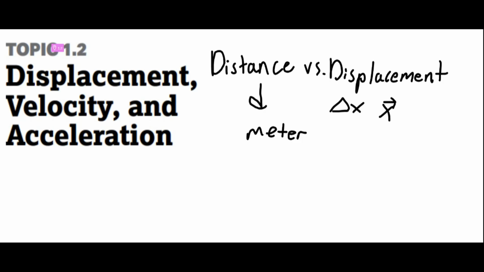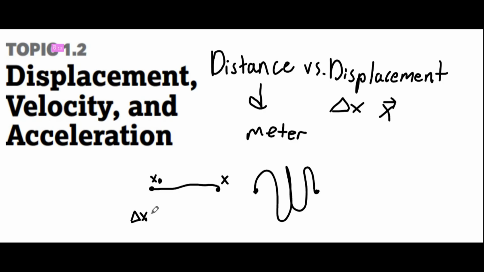Now we can show the difference between distance and displacement. If I were to have a starting and an ending point, I would go pretty much straight across. Let's say we're starting and ending at the same places, but I would take a path like that. For displacement, the only thing that matters is the final position minus the initial position. So displacement is final minus initial.